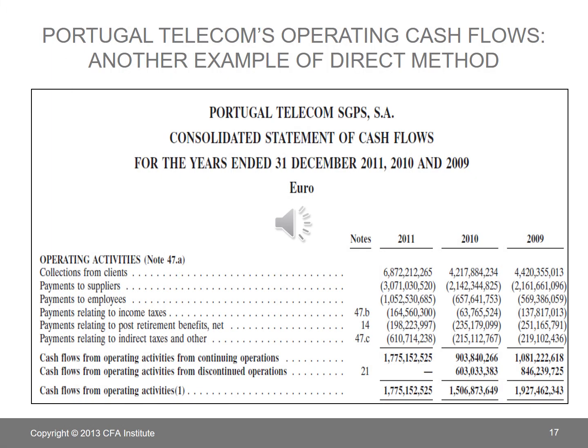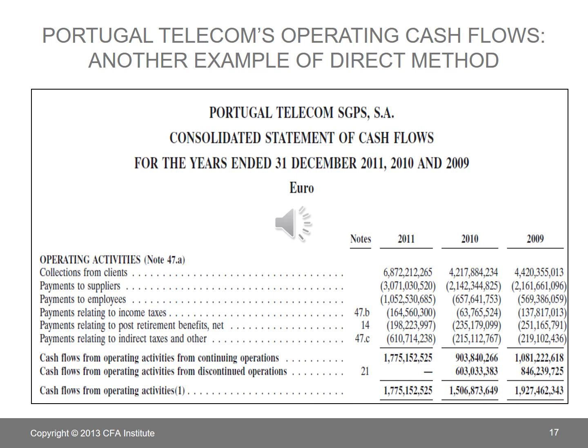Here we have Portugal Telecom's statement of cash flows as an example of the direct method of presenting operating activities. Now remember, again, it is called direct because it does not start with net income, rather it just shows cash collected from clients.